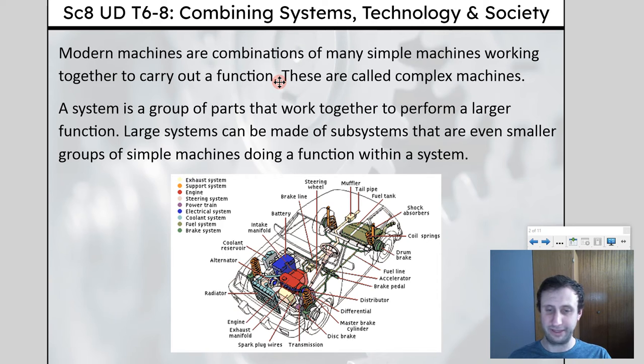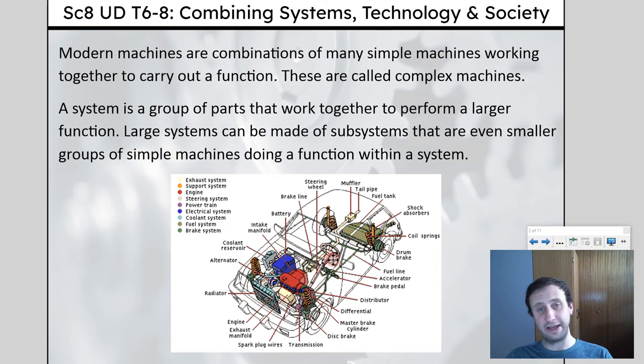That's it. So when we talk about something like the steering system in a car, the steering wheel and the parts involved in the steering assembly could be called the subsystem. You can almost think about a subsystem like an organ, right, when we were dealing with body systems.